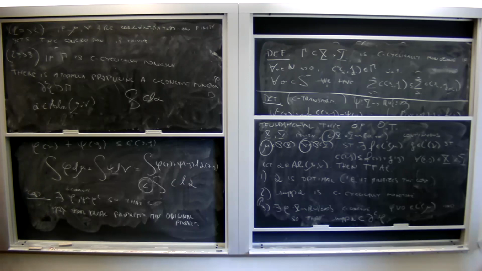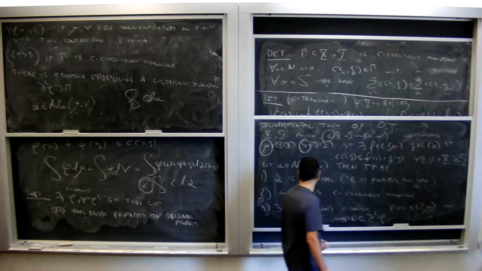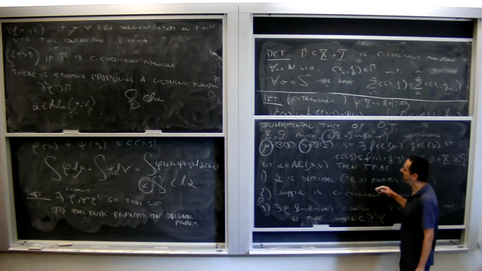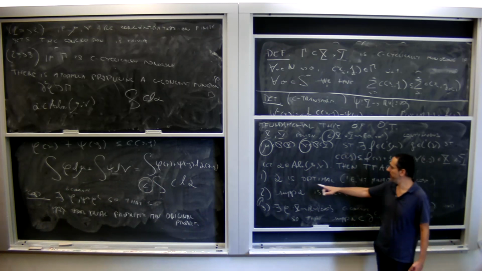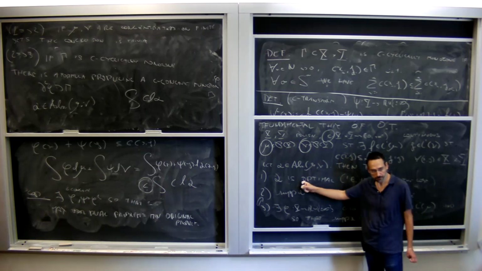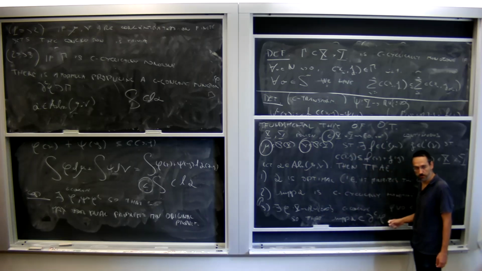Perhaps the one other thing that I want to mention, and then I will conclude. By the way things are written over here, it might seem that you start from an optimal plan and you get a C concave function such that this is true.